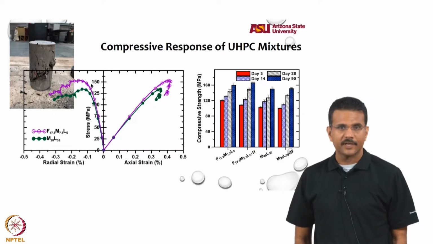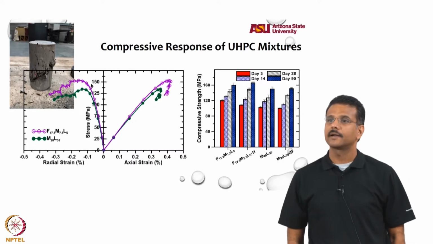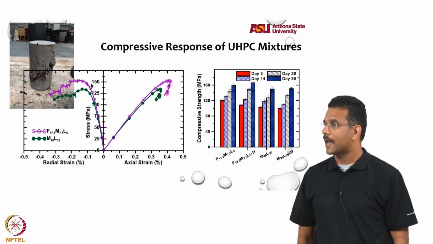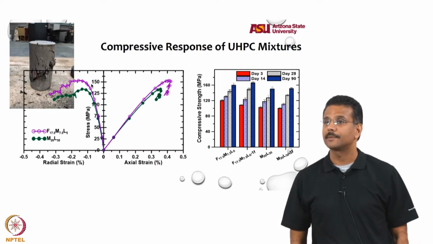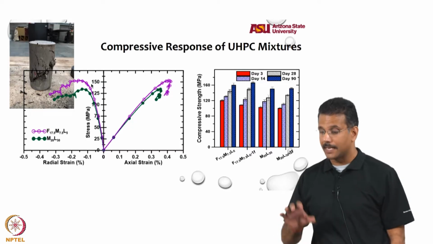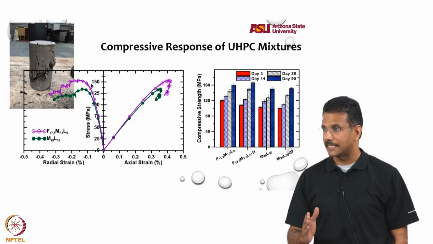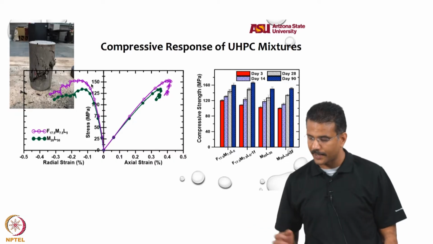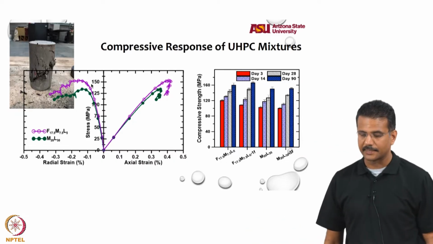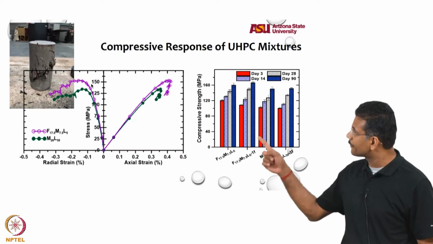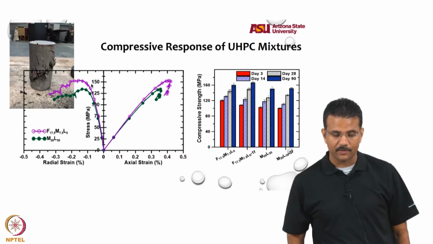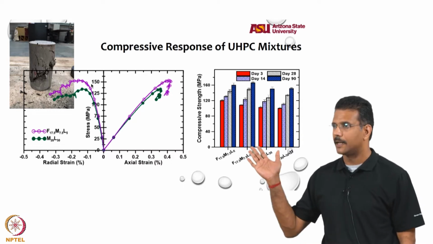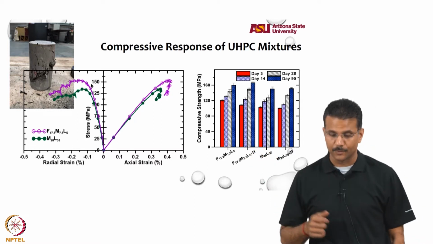So, first understanding, ultra high performance concrete does not change your maximum axial compressive strain capacity of concrete, okay, in unreinforced state. The strength you can see up to 160, 170 megapascal depending on what kind of mix it is, and you will see the failure pattern of a mix right there. Again, very high strength mixes fail in this fashion, as you would have seen.